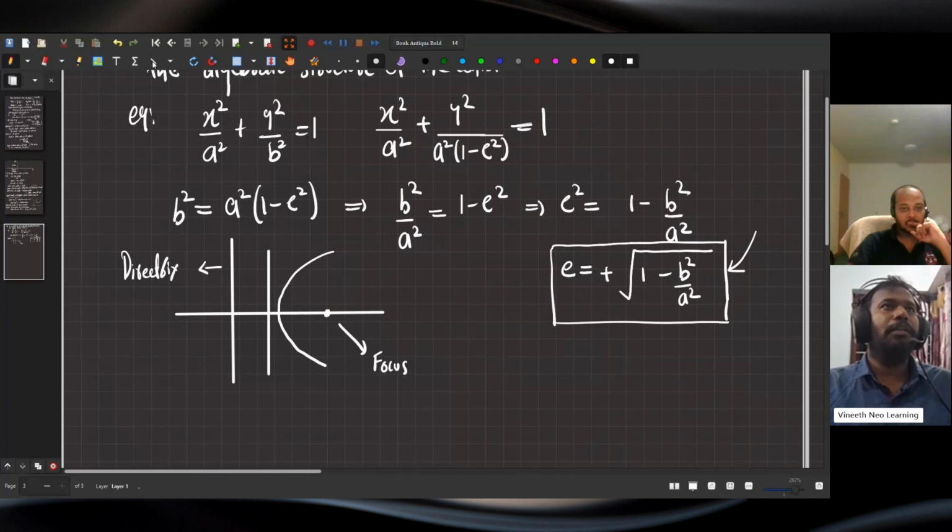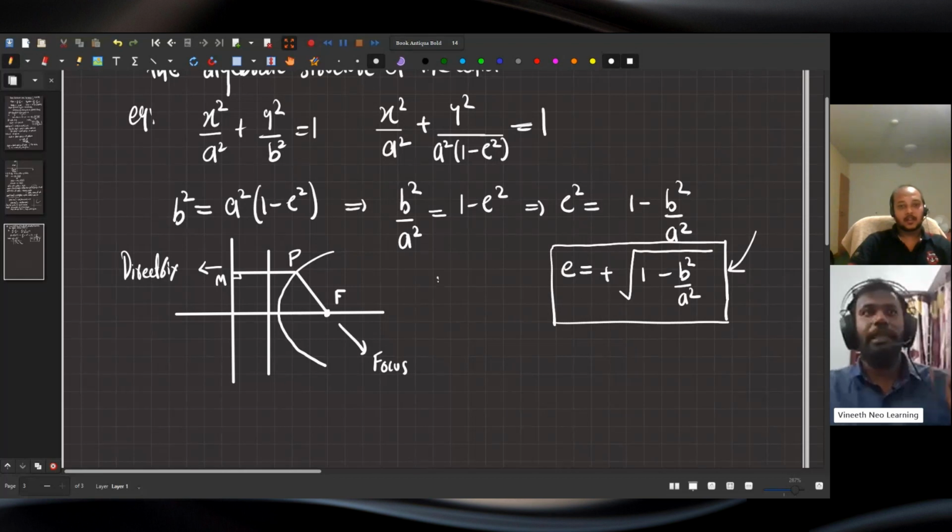At each point, we take the perpendicular distance from the directrix, like this. Let me call the foot M, the point P is the point on the conic itself, and let me call the focus F. For each point P, the ratio PM over PF will be a constant.